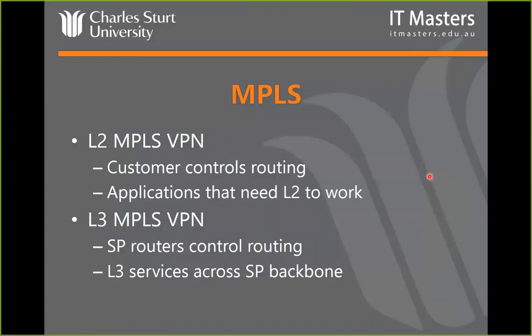There are two ways in which MPLS is often provided. There's a layer 2 MPLS VPN. This is where the customer controls the routing, so the service provider only provides connectivity from a layer 2 perspective. That is more analogous to VLANs than layer 3 MPLS is. So a layer 2 MPLS VPN is very similar to VLAN in many ways, and you as a customer will control the routing over that layer 2 VPN connection.